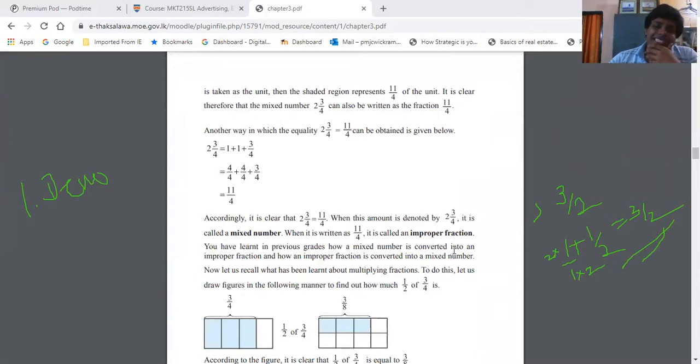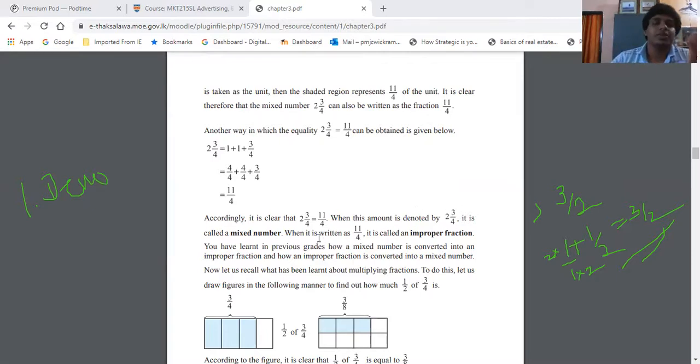Here they're talking about mixed numbers and improper fractions. When the amount is denoted by 2, 3, 4, it is called a mixed number, which will equal 11 over 4. When it is written as 11 over 4, it is called an improper fraction.